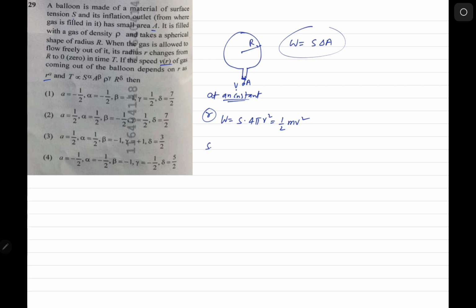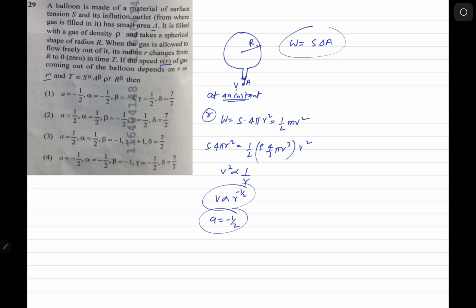So S into 4 pi r square is equal to half m v square, where m is the mass of the gas present, so rho into 4 by 3 pi r cube into V square. From here V square is inversely proportional to r, so V is directly proportional to r to the power minus 1 by 2. So the value of that exponent is minus 1 by 2, that is for sure.